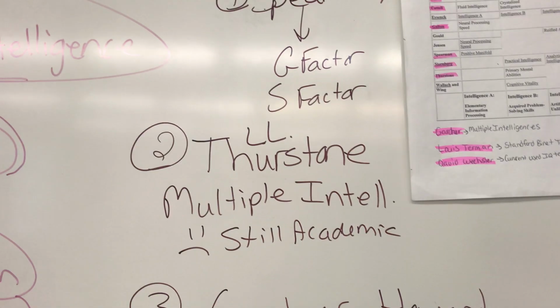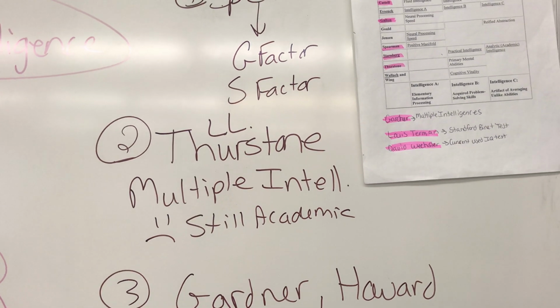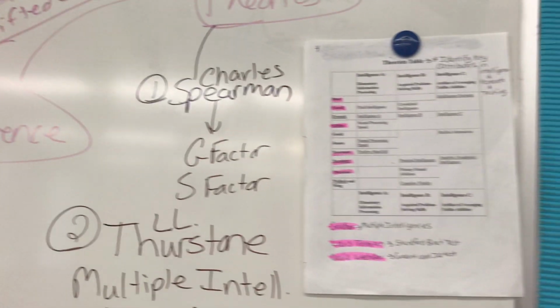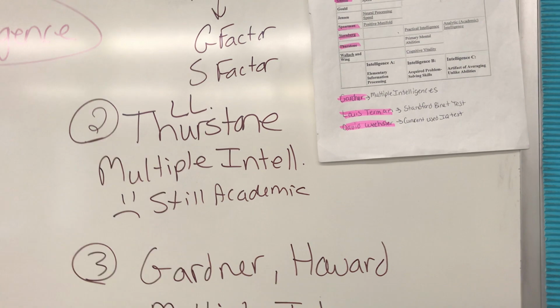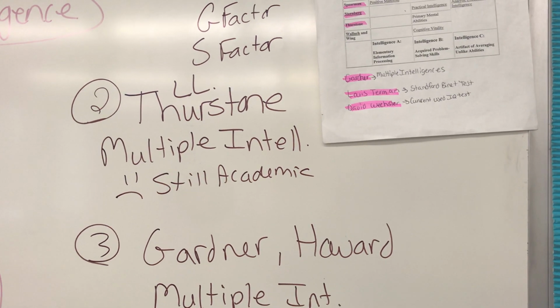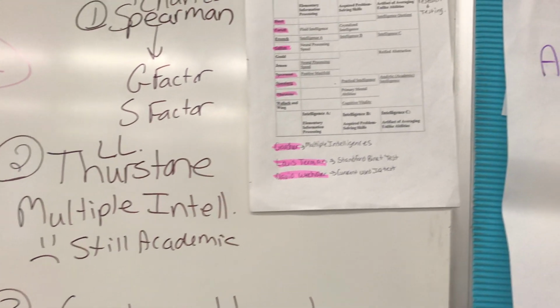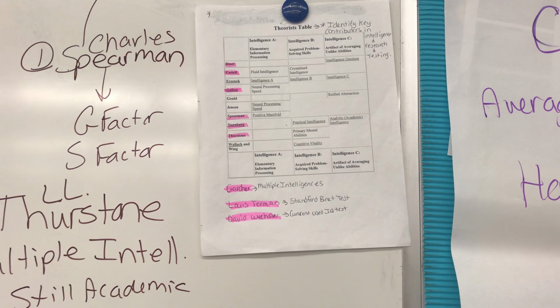Now, Thurstone disagreed. He said, you know what, we can't just study one factor. That's not really going to help anybody. And so, being that this was the first perspective, we've advanced a little bit. So L.L. Thurstone said, no, we need to look at multiple intelligences, okay? Now, Thurstone put out 7 different types of intelligences. Are they on this chart? I don't think so. But yeah.